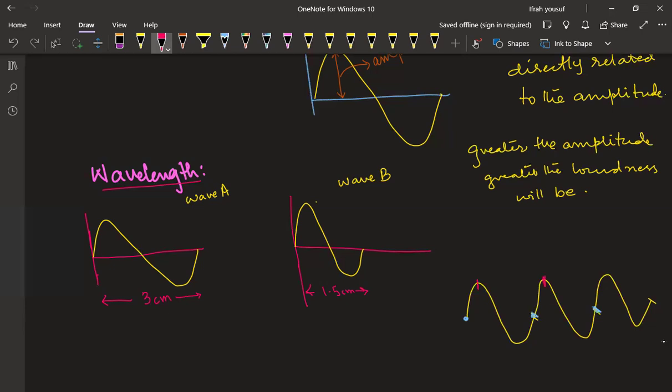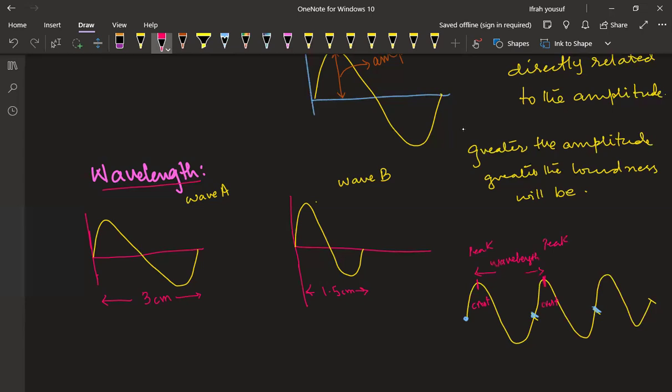Yes, okay. So this is going to be the distance between two, do you remember this region is called a crest? We called it a crest, and this is also a crest. We can also say peak to peak, this is a peak and this is also a peak. Clear? So the distance between two consecutive peaks is called wavelength.